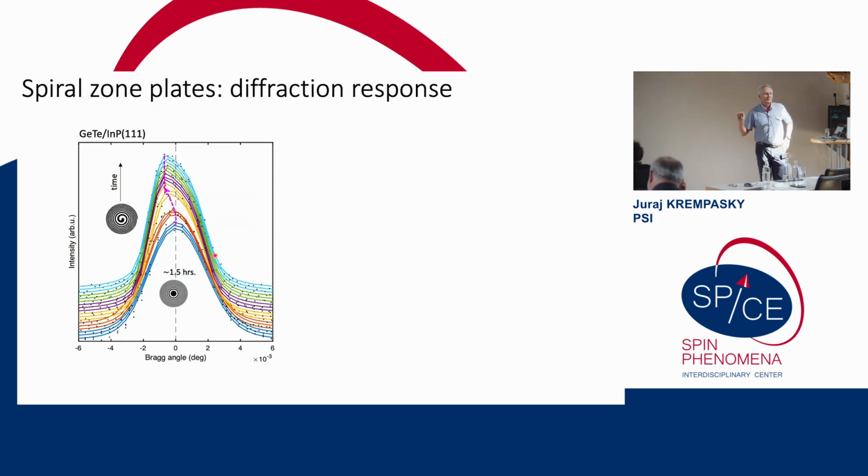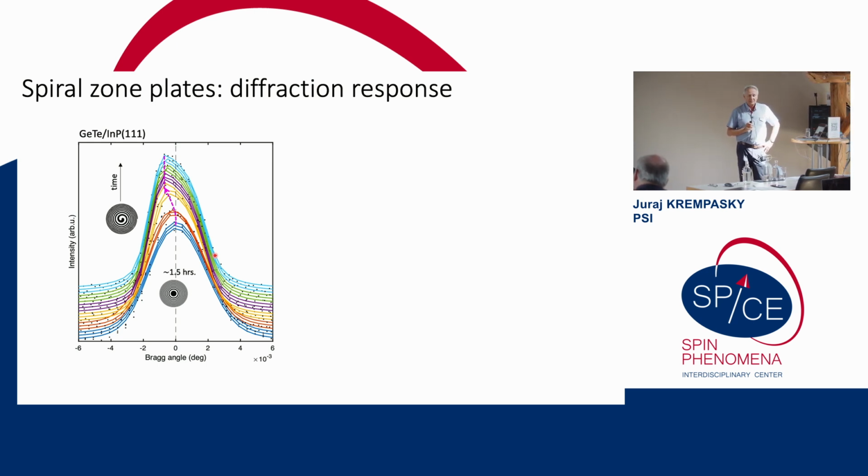Now, a very simple experiment. Let's shine OAM light on this germanium telluride and repeat the Bragg scans through the Bragg angle at 11 kilovolts, which is the germanium K edge, around incidence.